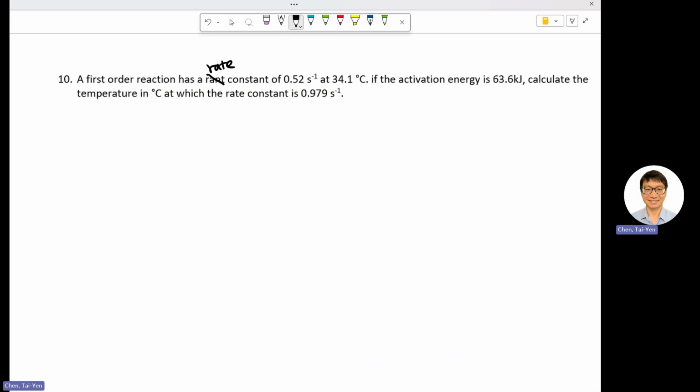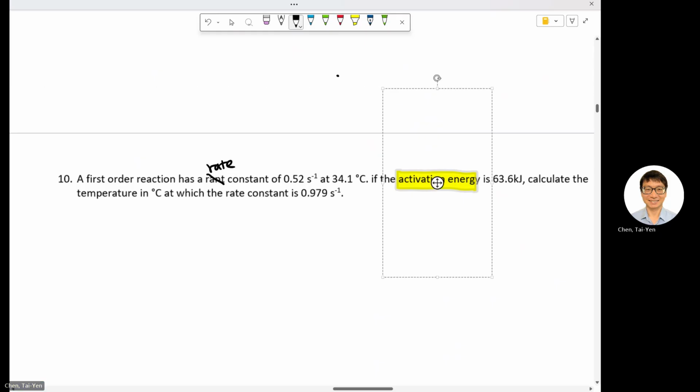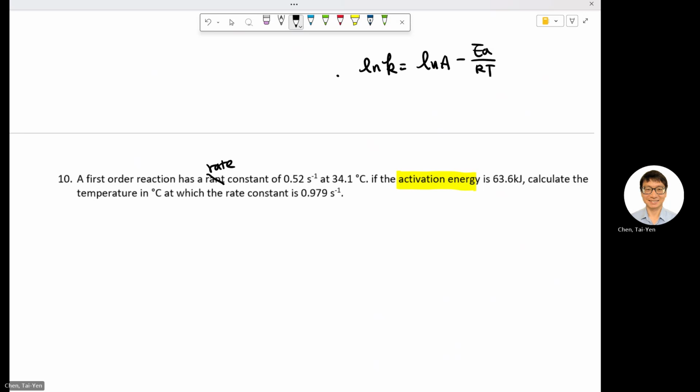So make sure you recognize it. So two equations, and these are the two you need to make the choice from, because once you see the keyword, there's only two equations you can use.